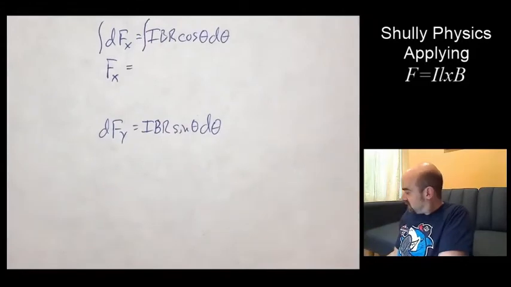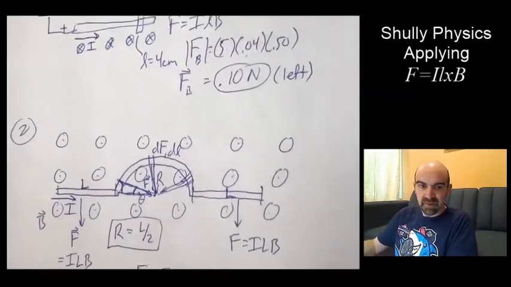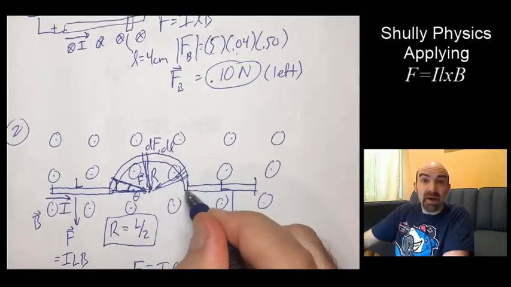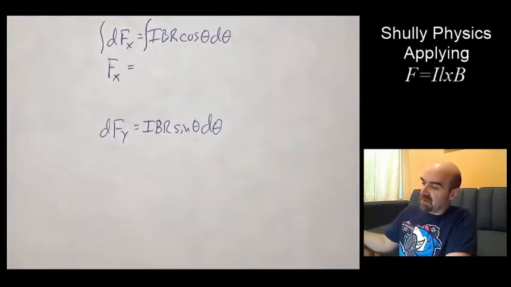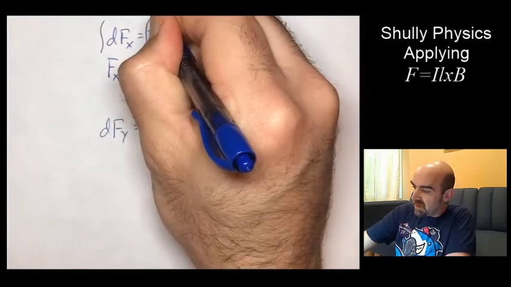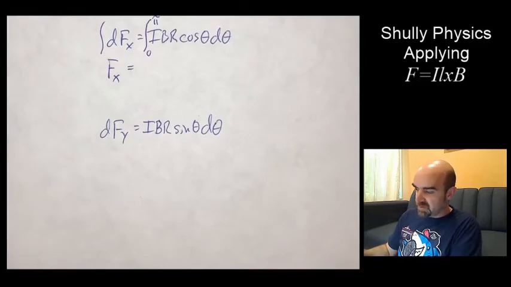We're going to be summing up all the little pieces dF from 0 degrees up to pi radians. I should say 0 radians up to pi radians. So our angle is going to go from 0 to pi radians. All right, there it is.